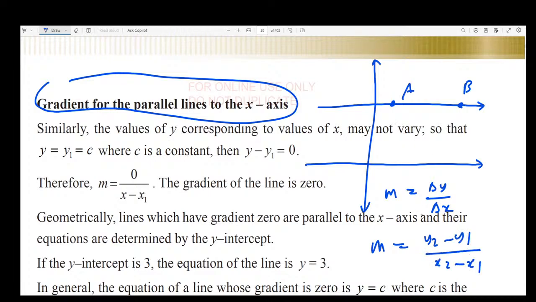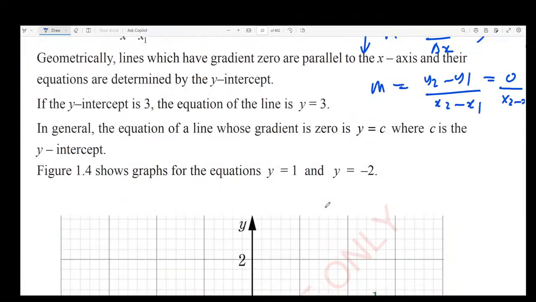So change in y is going to be 0, because in this case you'll be having y2 equals y1. So change in y is 0 over x2 minus x1, and so the slope, dear students, will be 0.